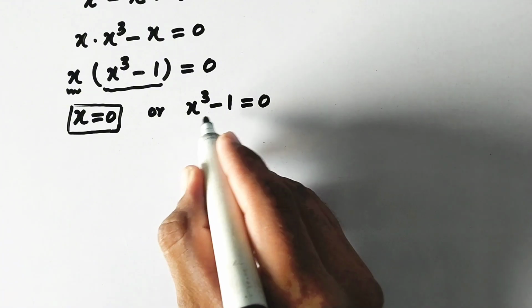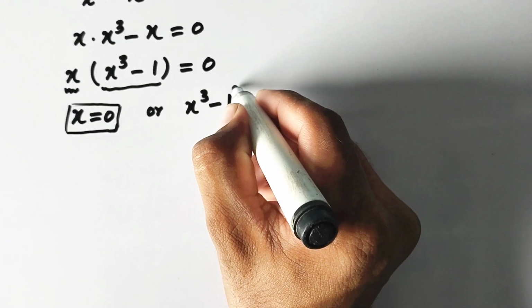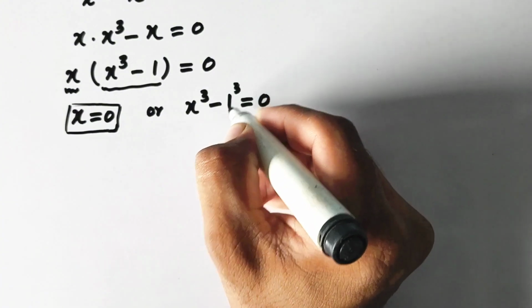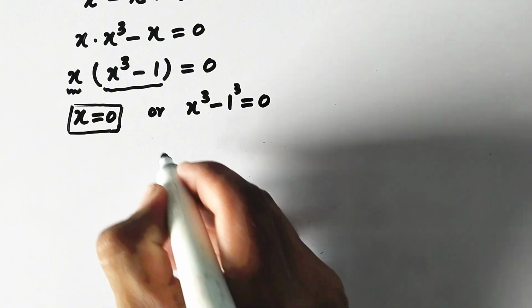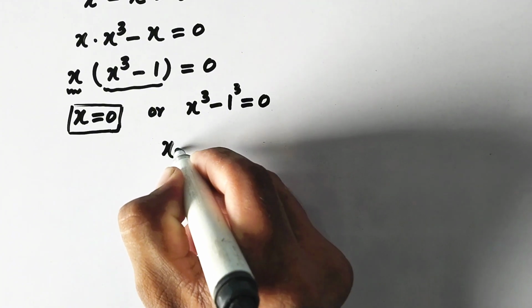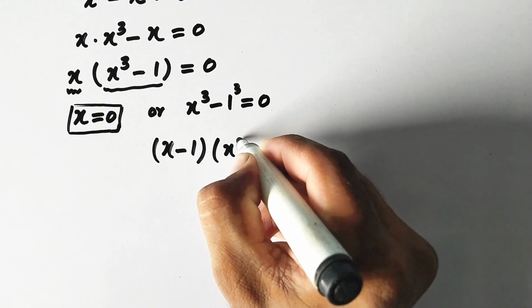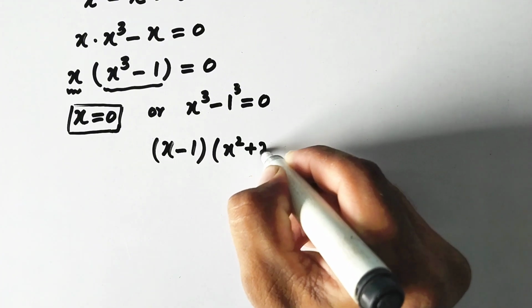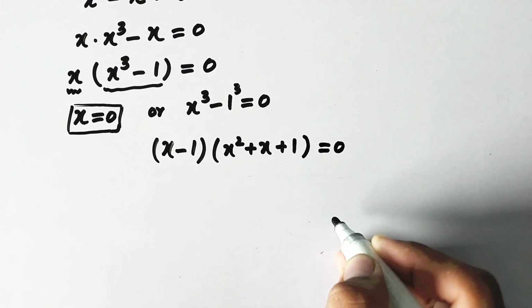So here we have gotten a form of an algebraic formula. If we put cube here, there will be no effect on this value 1. So opening the formula, we will get x minus 1 times x square plus x plus 1 equal to 0.